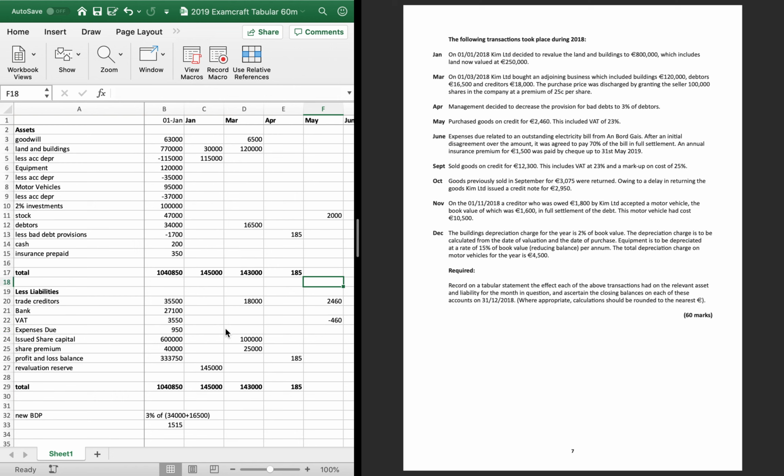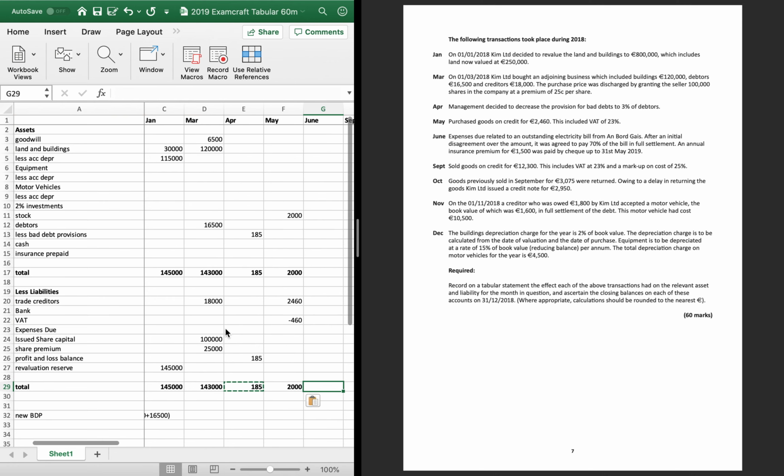You can also just think about, you have to make the thing balanced. So the top is 2000, the bottom is going to have to be 2000 as well. That's May done.